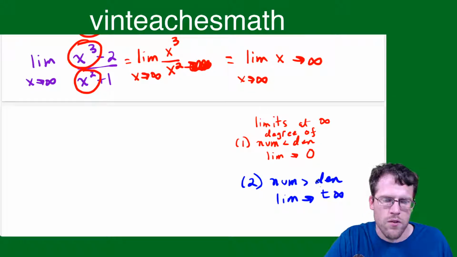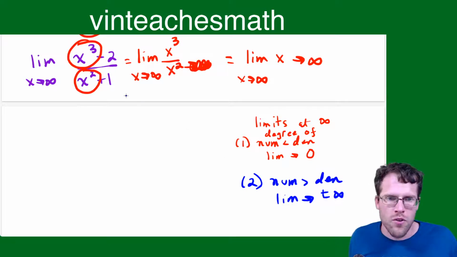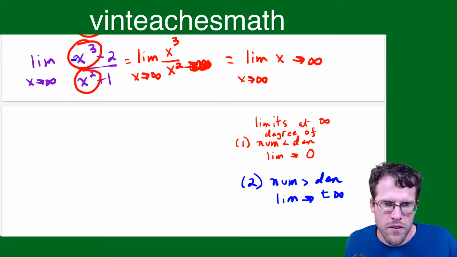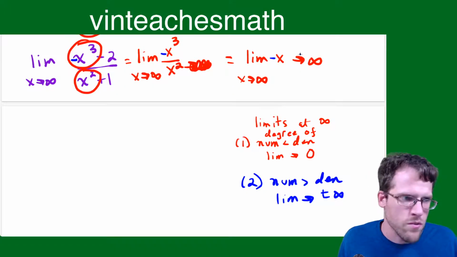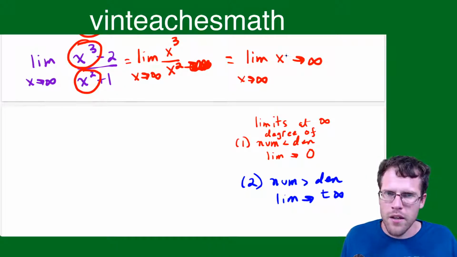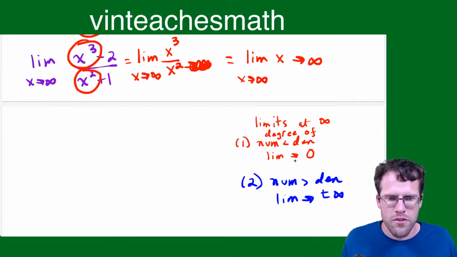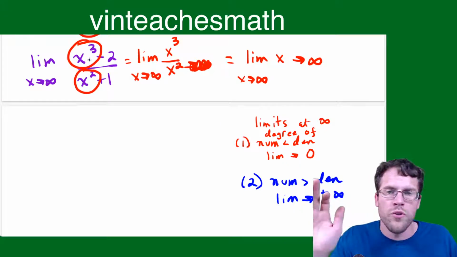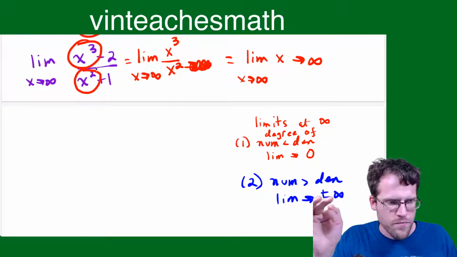I don't want to say that it goes automatically to infinity, because all I'd have to do is put a minus in front of this, and now it would become minus x to the third over x squared, which is minus x, and then it would go to minus infinity. So the big idea is that it's going to go to plus or minus infinity if the numerator has a higher power of x.